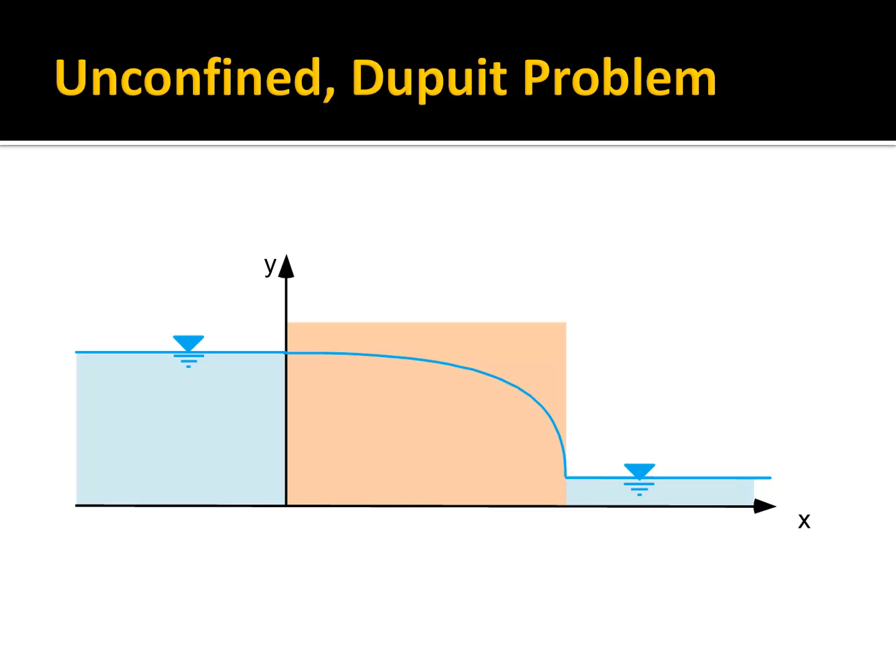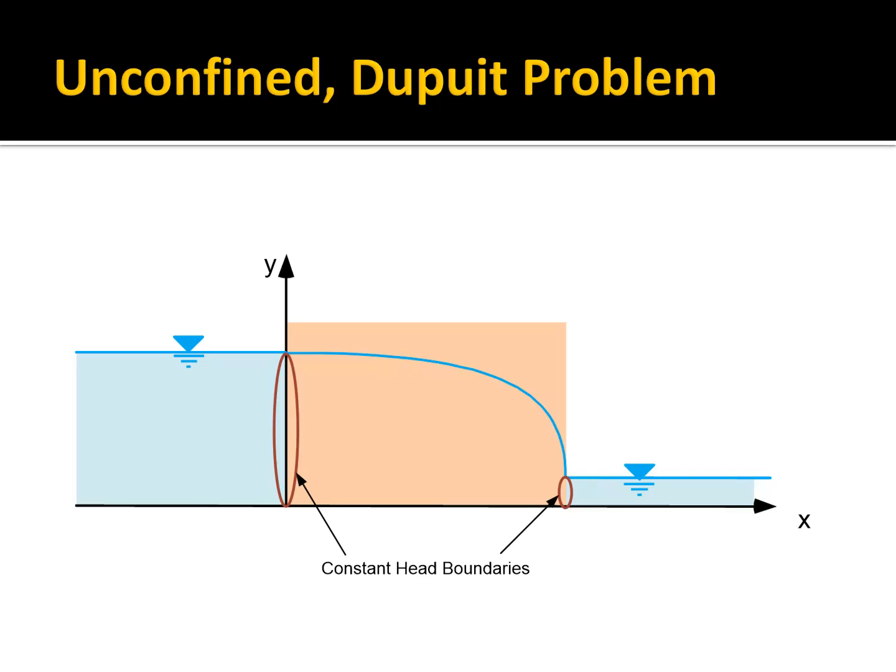This is the classic Dupuit problem we've talked about. This is actually an unconfined problem. And so in this case, your upstream vertical boundary and your downstream vertical boundary would be constant head boundaries corresponding to the upstream water level and the downstream water level.